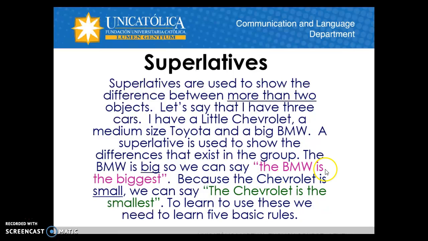Always, when we are going to talk about superlative adjectives, we need to use the article the. The biggest. Because the Chevrolet is small, we can say the Chevrolet is the smallest. To learn to use this, we need to learn 5 basic rules.